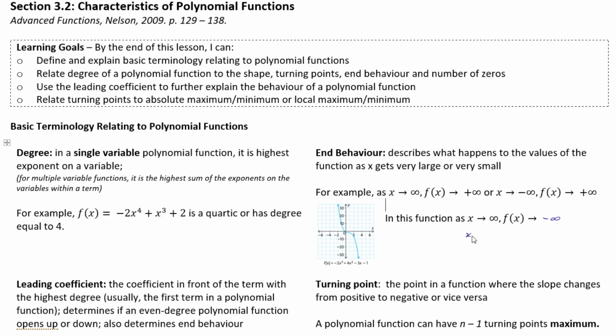Now, as x approaches negative infinity, f of x approaches, and so if we go backwards, we can see that the function gets more and more positive, so therefore approaches positive infinity. So that's the end behavior of the graph that we see right here.